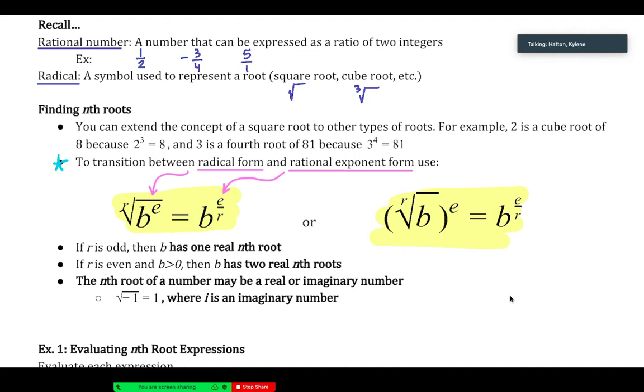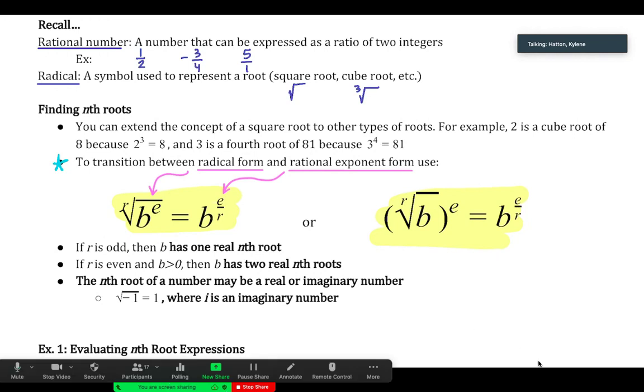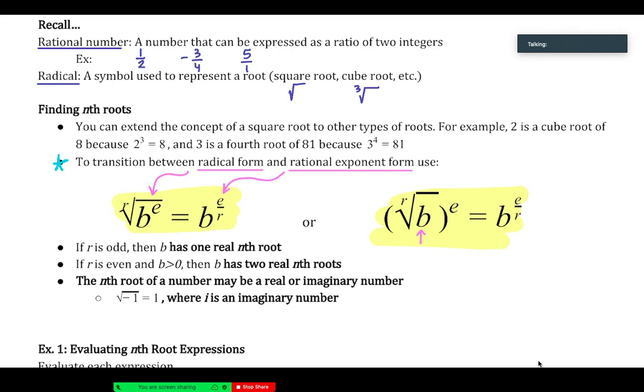And then what each of the variables stand for: the b inside of the radical stands for base. That becomes the base of the exponential when you write it in rational exponent form. The R stands for root or index. You might see either word.